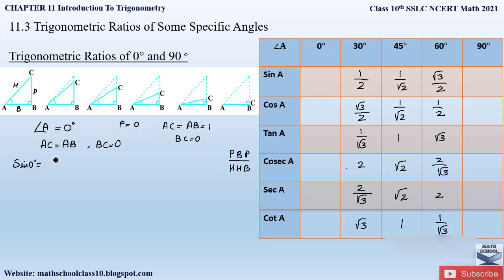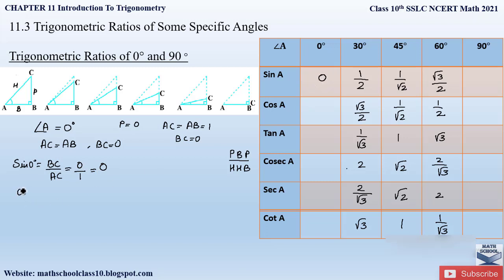Here the perpendicular is BC and the hypotenuse is AC. So BC value has become equal to 0 and AC is equal to AB is equal to 1. So 0 by 1 is nothing but equal to 0. So sine 0 degree will be equal to 0 itself.